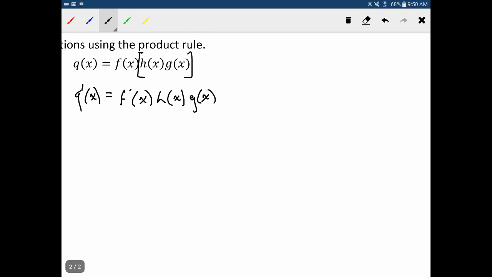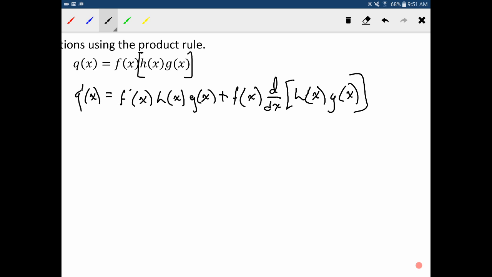And then plus f of x times the derivative of h of x times g of x. Okay, so now I just have to figure out what the derivative of h of x times g of x is.